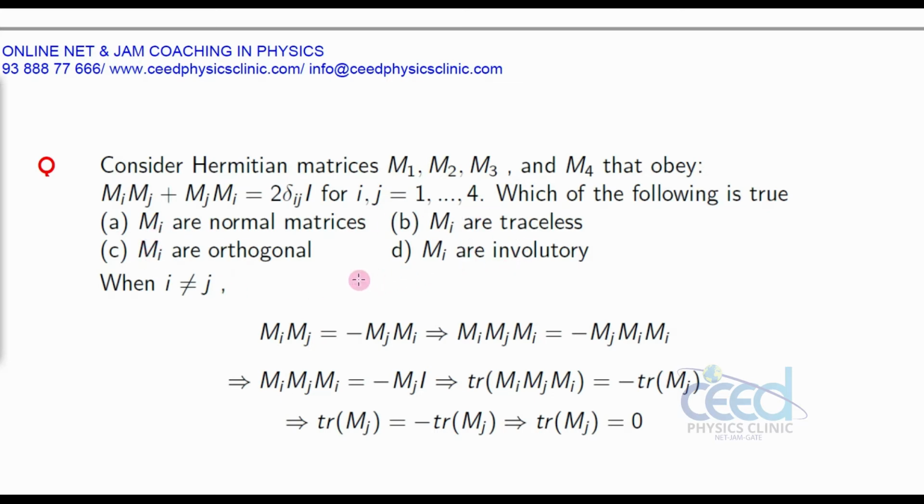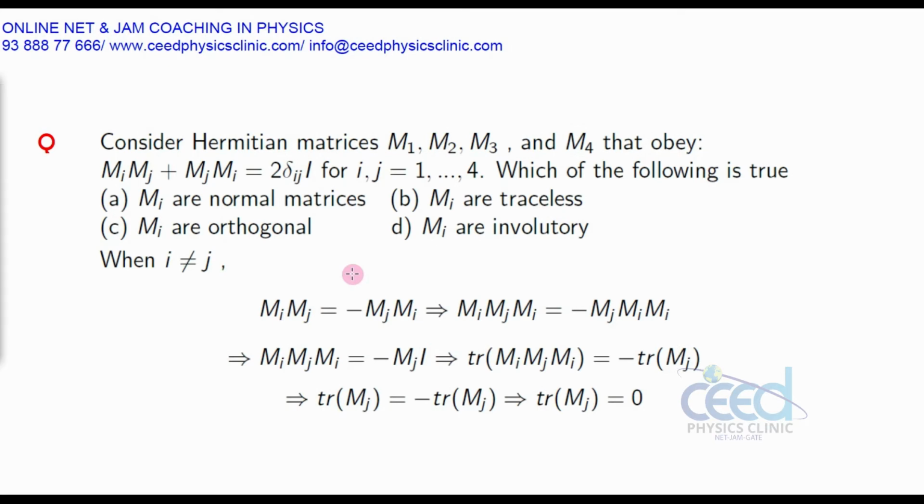See here, a condition is also given: when i is not equal to j. So which one is true? Suppose you take the condition when i is not equal to j. What can I say?